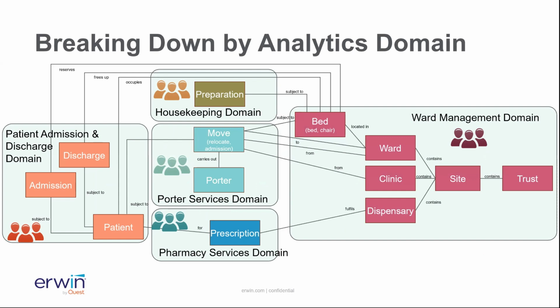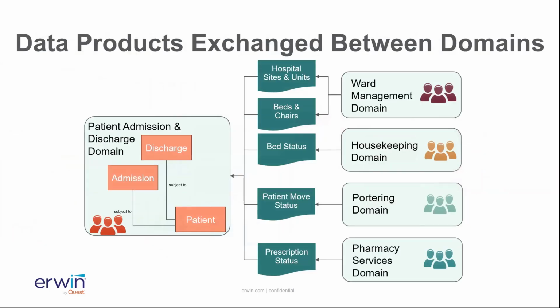And we need to piece these together when we want to look at admissions and discharges, which is on the far left here. So we need to be exchanging data backwards and forwards between different analytics teams to support the decisions around the patient admission and discharge. We need to be receiving data products exchanged between these domains.